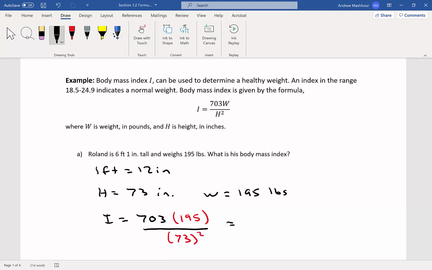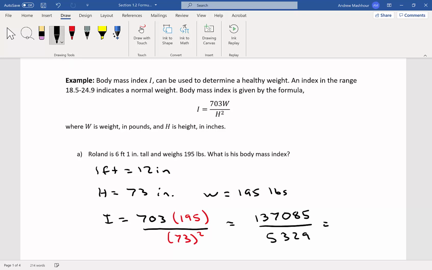Now let's go ahead and simplify. So I'm going to go ahead and multiply the numbers in the numerator first. So we have 703 times 195. This gives us 137,085. And we have divided by our height squared, so we have 73 raised to the second power, which gives us 5,329.